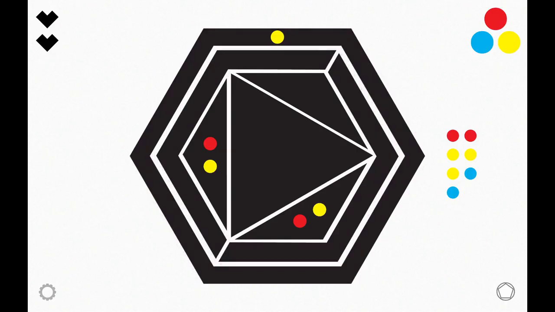One of these two is yellow. If that is the case, then let's say this is yellow, and then this would have to be red, and then this could also be yellow, I guess.